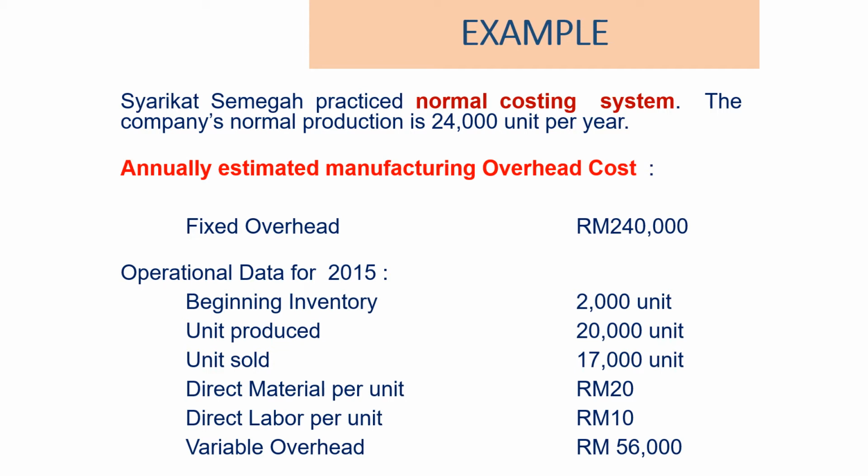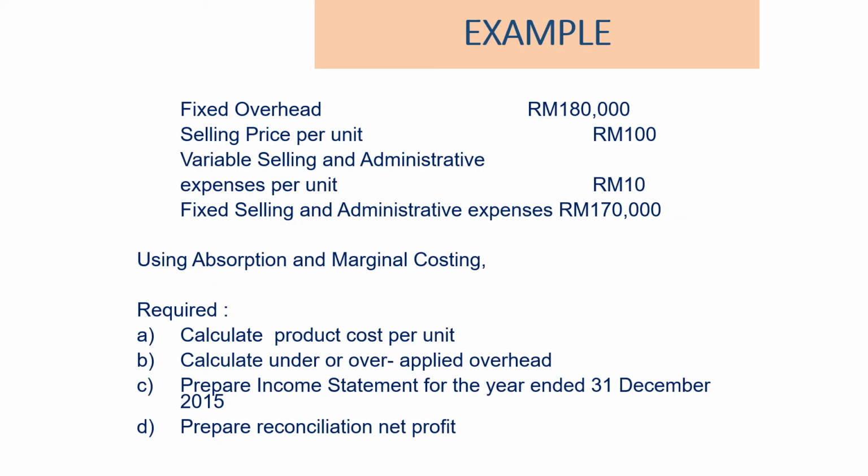This is the operational data for 2015: beginning inventory 2,000 units, units produced 20,000, units sold 17,000, direct material per unit 20 ringgit, direct labor per unit 10 ringgit, variable overhead 56,000 ringgit, fixed overhead 180,000 ringgit, selling price per unit 100, variable selling and administrative expenses per unit 10 ringgit, fixed selling and administrative expenses 170,000. Use absorption and marginal costing.